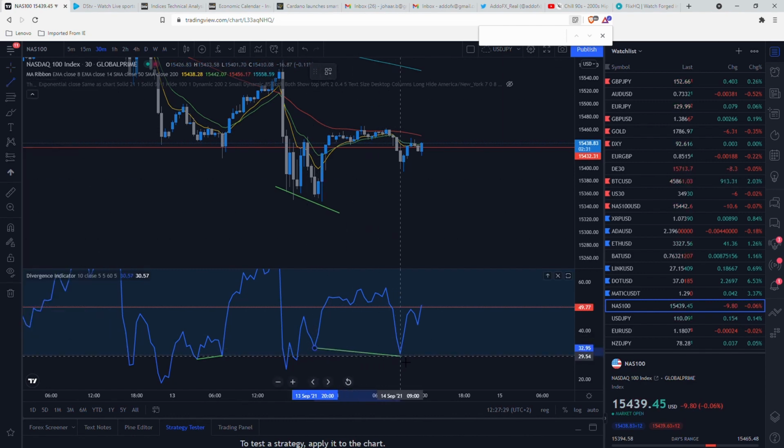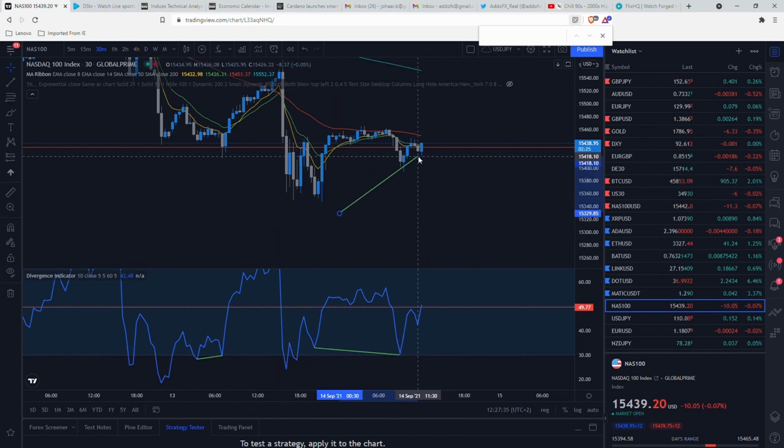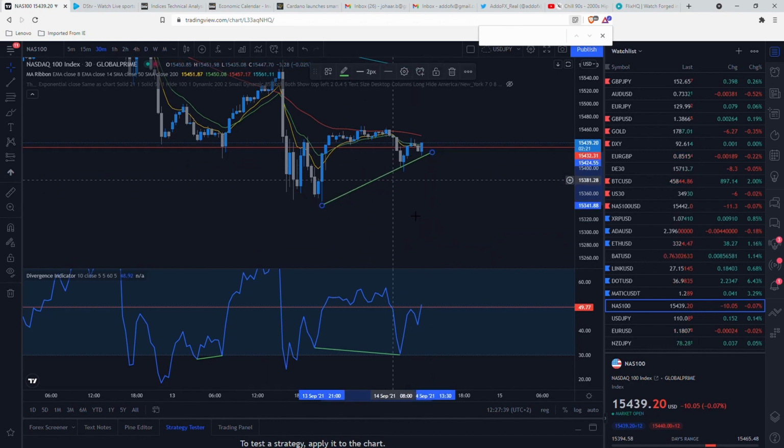Here's a higher low to a lower low, and here the market's moving in an upward direction. So that's also another example of hidden bullish divergence. The nice thing here is we finally broke structure, to break through this range and go up.